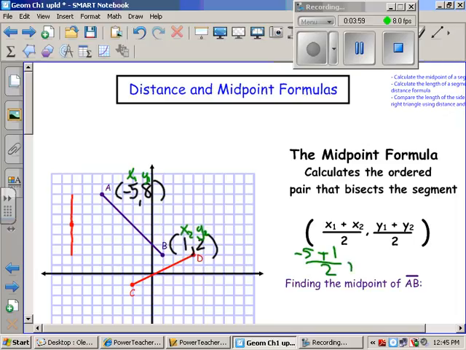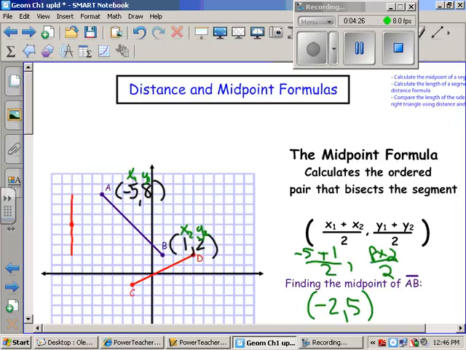And then to find the middle between my y-coordinates, I add up my y's, 8 and 2, and I divide by 2. Then I just do the math. Negative 5 plus 1 is negative 4, and negative 4 divided by 2 is negative 2. 8 plus 2 is 10, divided by 2 is 5. So my midpoint is at negative 2, 5.